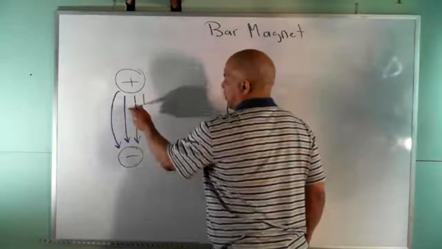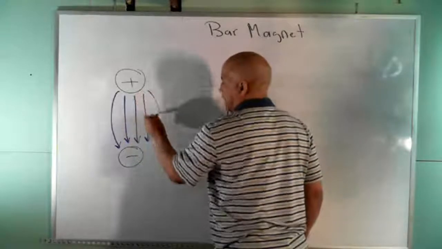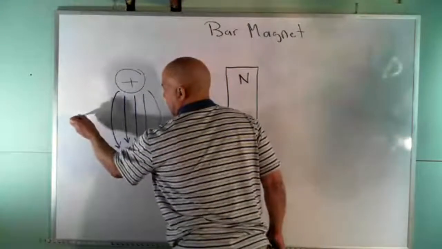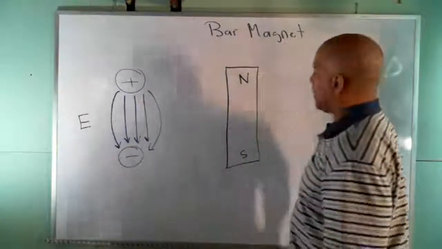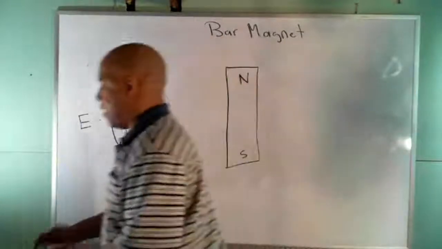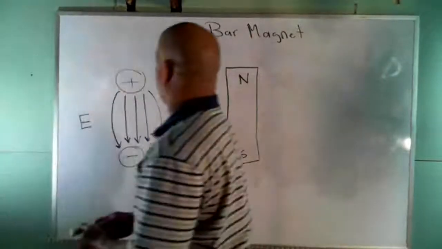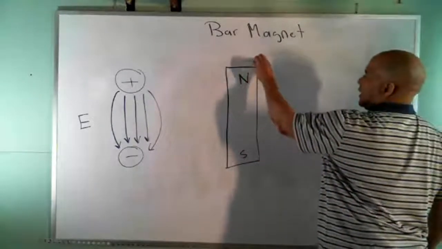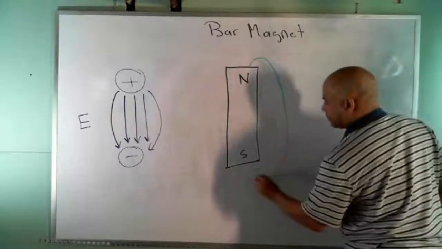So I'm drawing the electric field like that. That's the E field. Well, we have exactly the same thing around the magnet. We have a field that I can draw like this around the bar magnet. It's going to look like this.